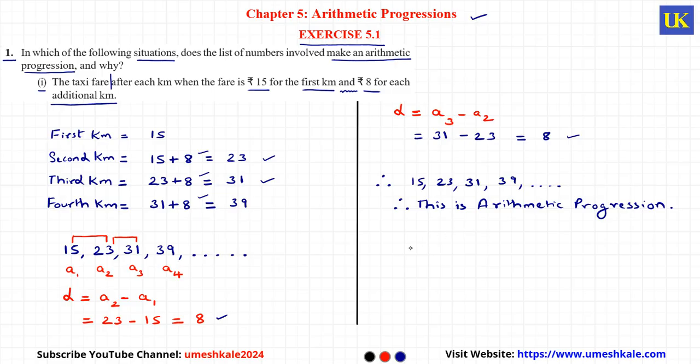Why? Because d is constant every time. That is the reason. So this is an arithmetic progression. Saying that itself is enough, but you can also write it like this, d is equal to 8. So this is how we need to solve such type of questions. Now there are another three sub questions which we will see on the next page.